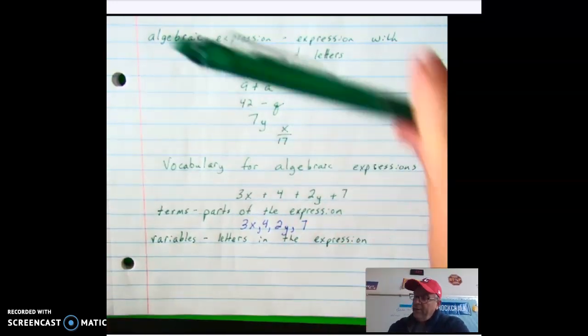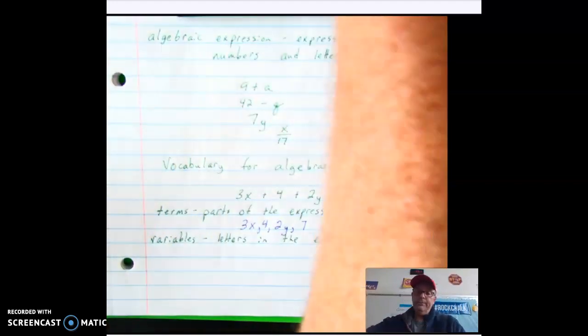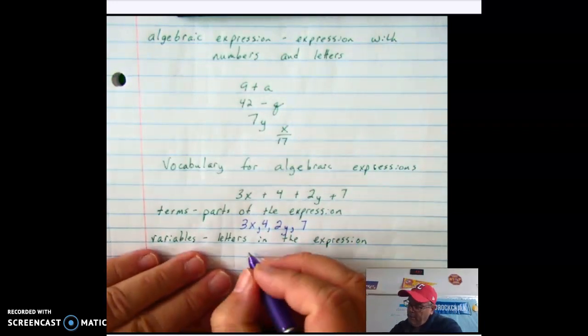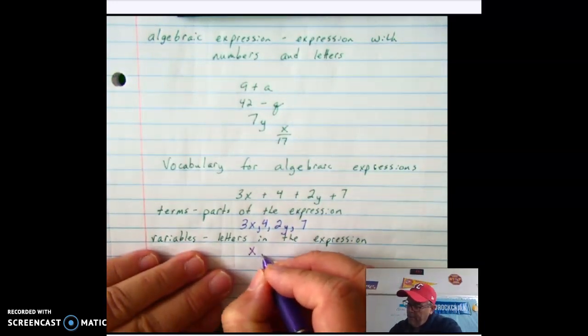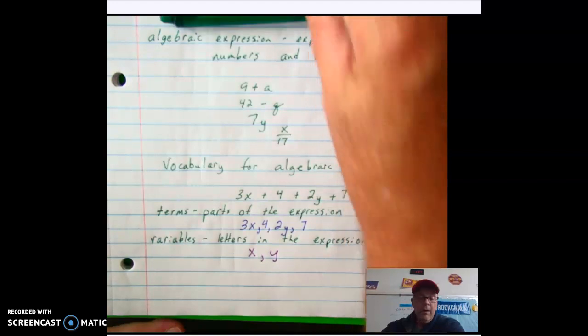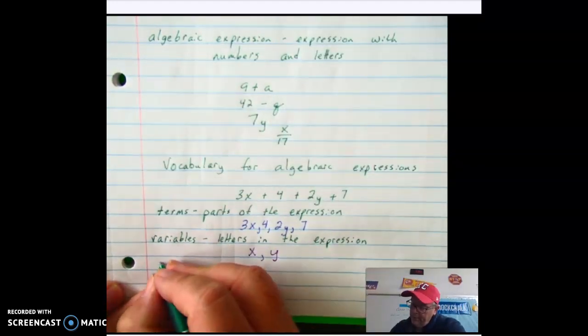So if you check this one out, I actually gave you two variables. And the two variables that you have are x and you have y. Those are our variables.